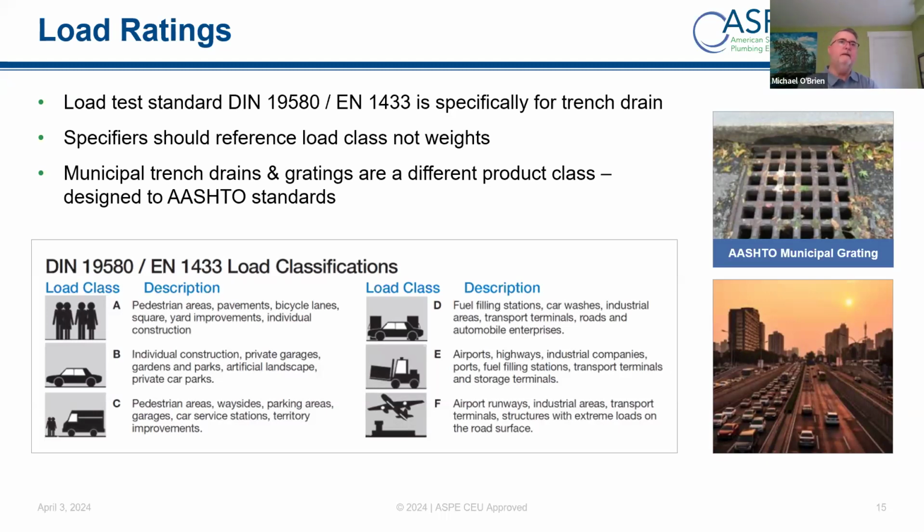There is another load classification that is specific to interior types of drains, and they work with classifications of light duty, medium duty, heavy duty, extra heavy duty, and special duty.